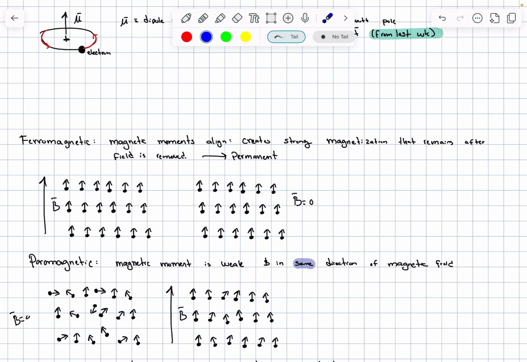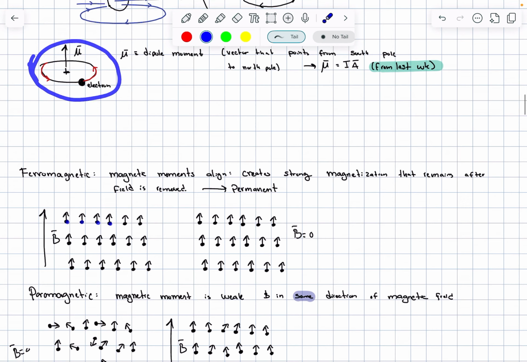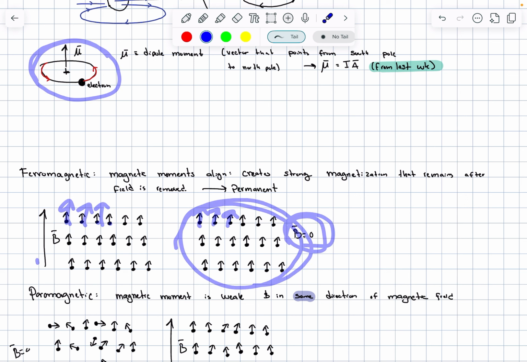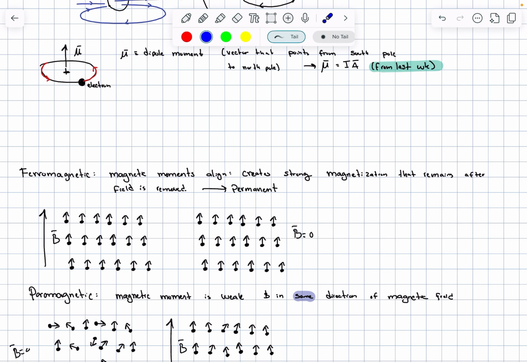These represent the different magnetic moments inside, all these different atoms, and they're all aligned in the same way. Even when you remove the magnetic field, so remove B, they're still aligned like this. So these are really, really good at acting like magnets.